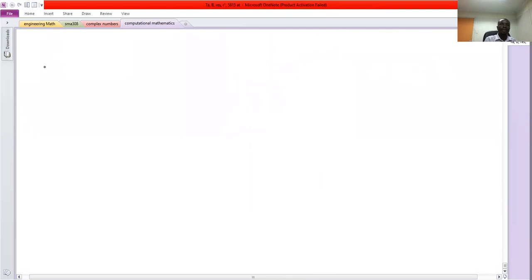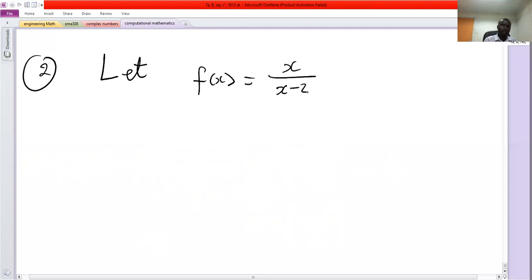Another problem of the same kind, number 2. Let f of x be given by x over x minus 2.